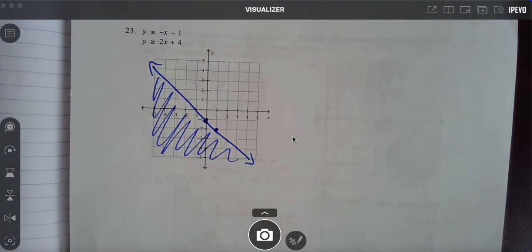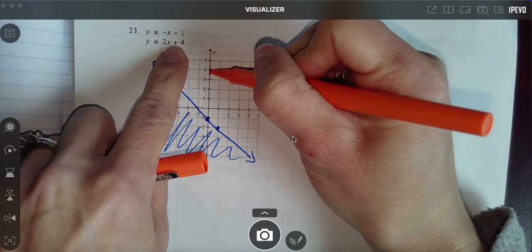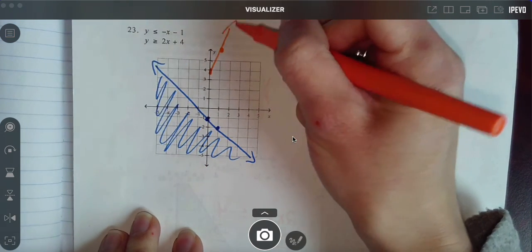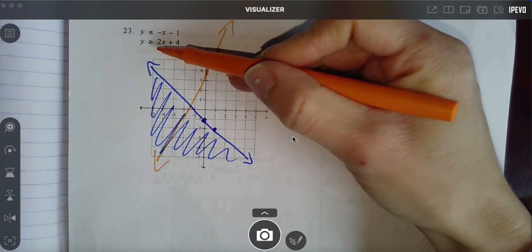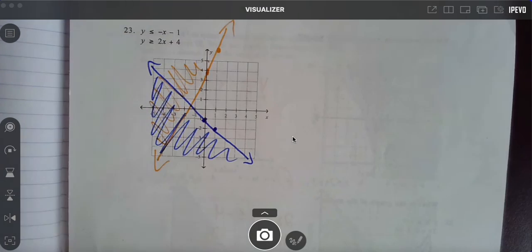Okay, next one, up 4 because of the +4. From there, up 2 and over 1. Solid line again because it's equal. It's got the greater than sign, so I shade above it. And where the orange and blue cross, that's where my answer is. There's nothing else you write. That is your answer.